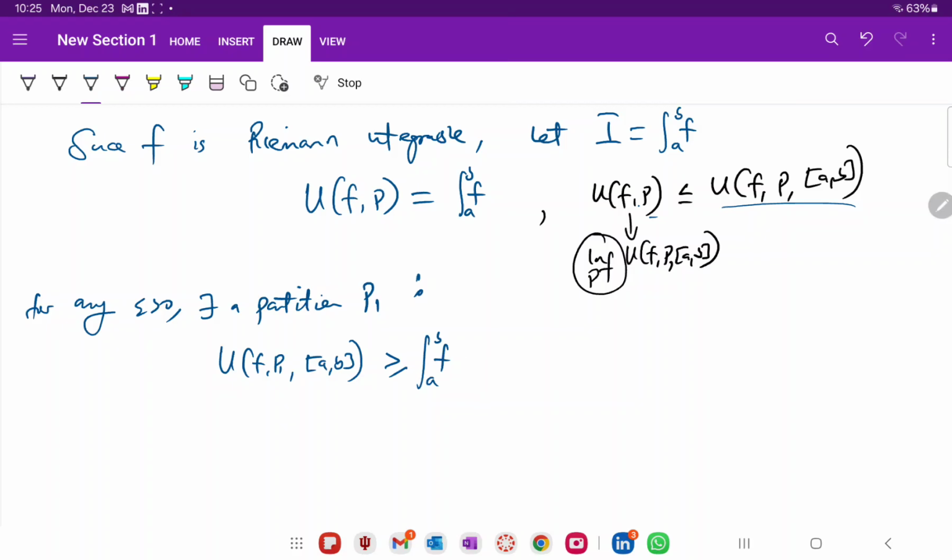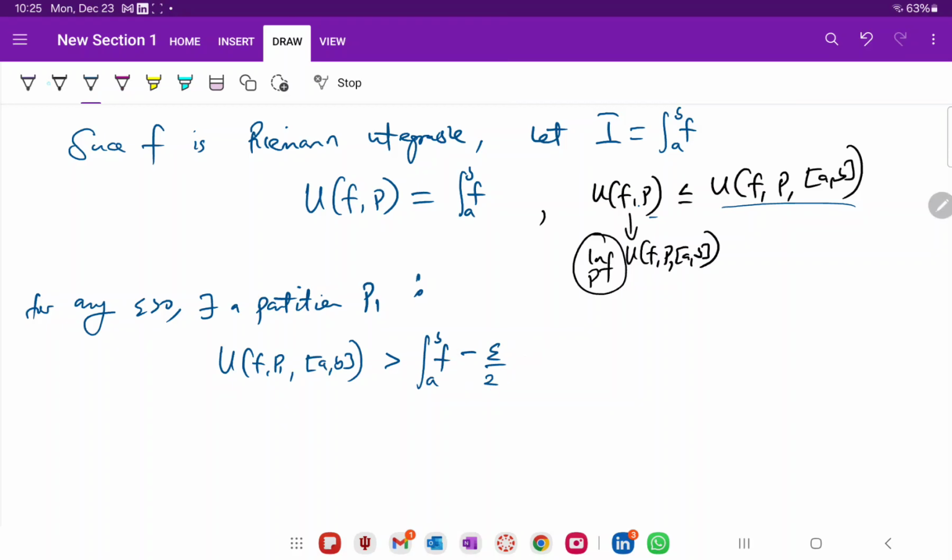So if we subtract a small enough epsilon, say epsilon over 2, then this will be strictly greater than that because of this value.